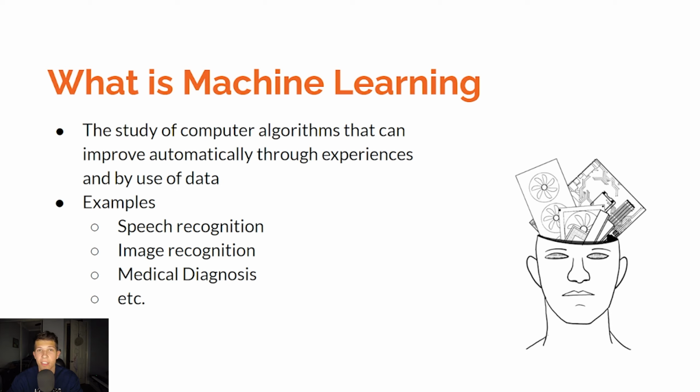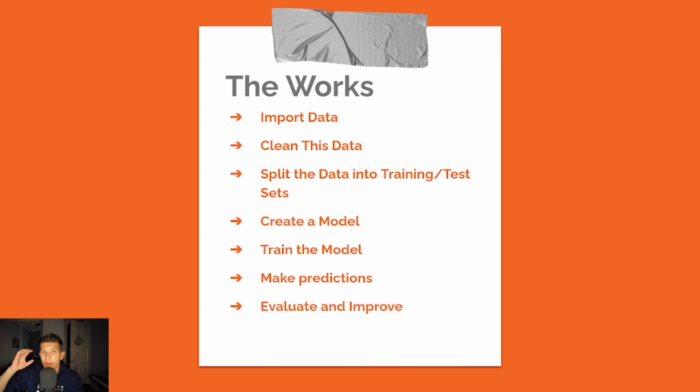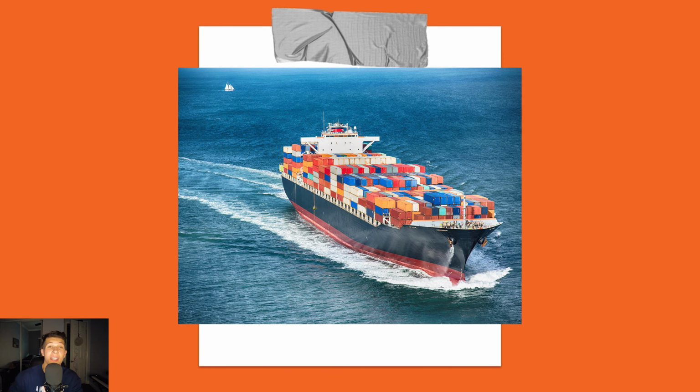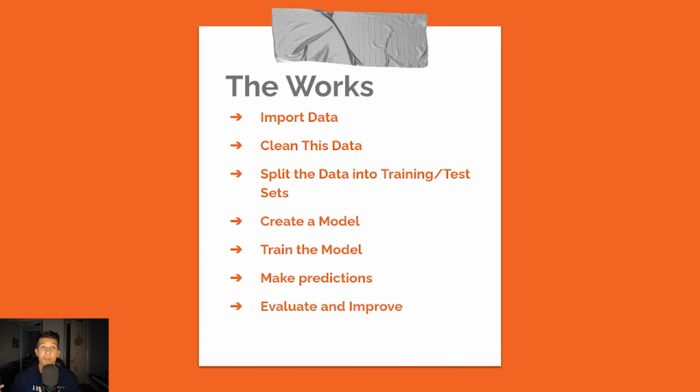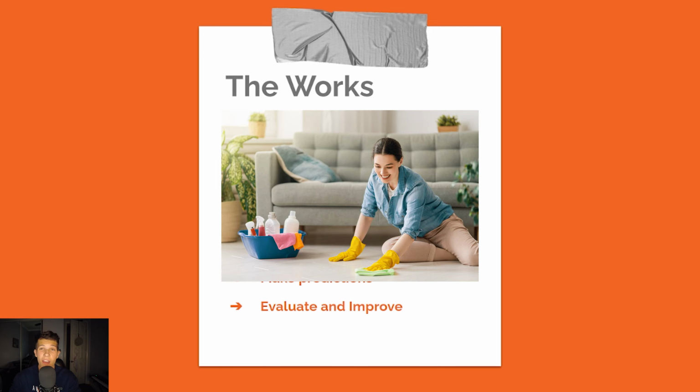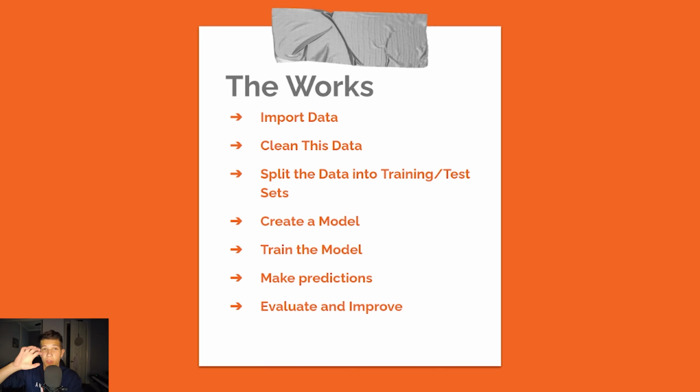So basically how machine learning works is first, of course, import the data. It has to clean up this same data, which basically strips it down to its bare bones, what necessities it has, and then it splits the data into training and testing sets, so that we can tell it, hey, this is what it's going to look like, this is what a dog looks like, and so that it learns, it becomes better.